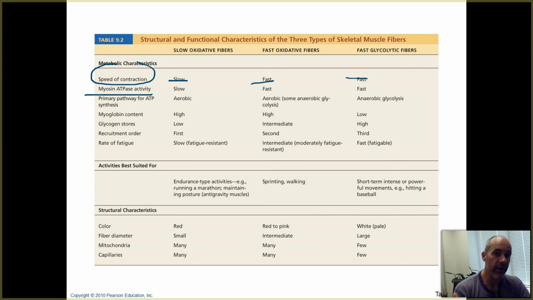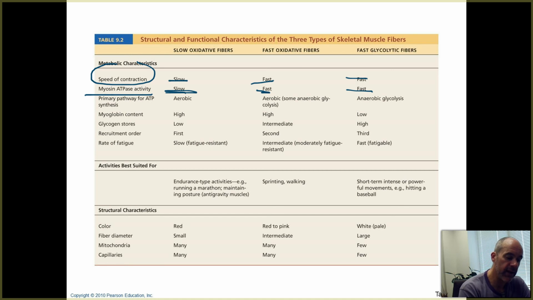So the enzyme that actually does that splitting in the myosin heads is called myosin ATPase. And so the main reason, or one of the main reasons, for speed of contraction being different is that enzyme is slower in your slow oxidative fibers, and it's faster in your fast oxidative and your fast glycolytic fibers.